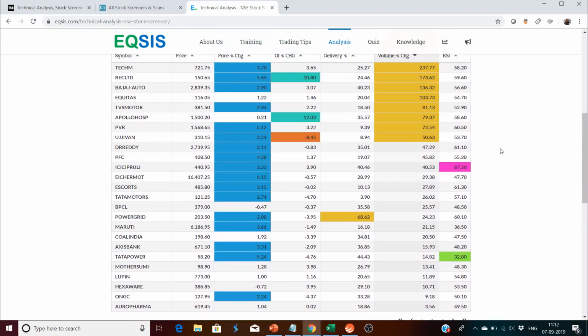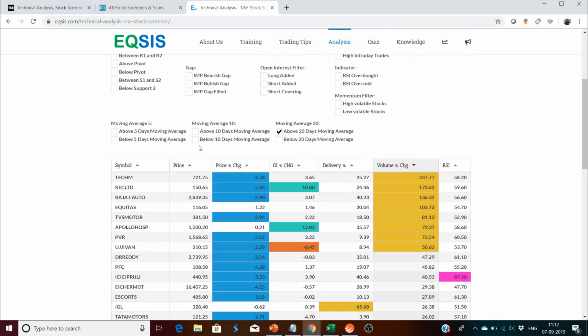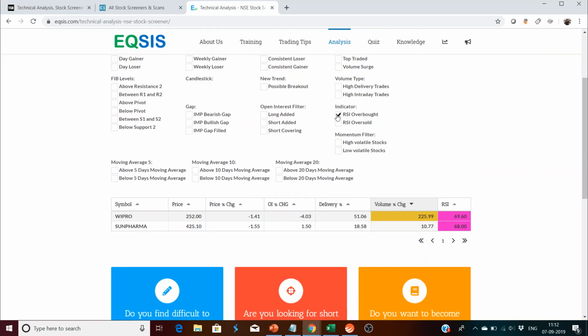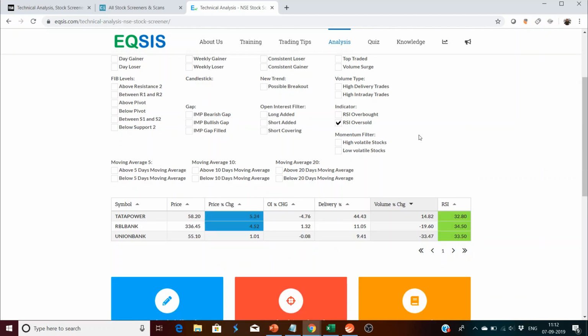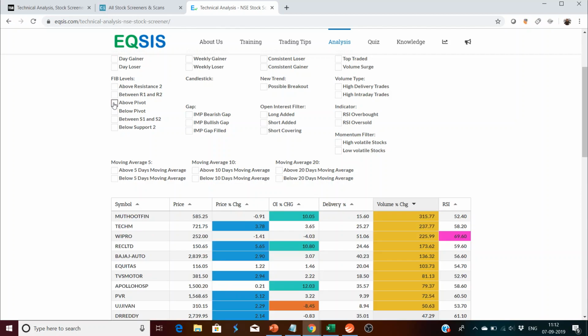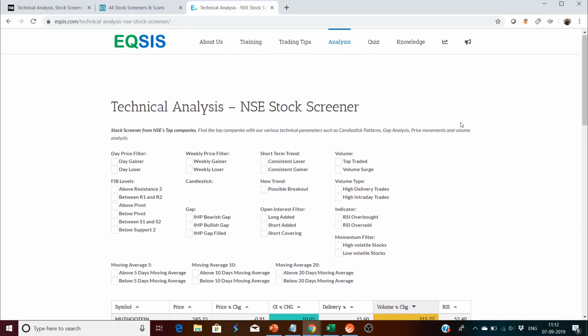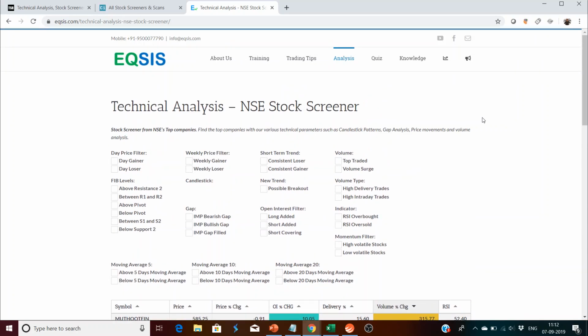This is also a good filter. Then RSI overbought, RSI oversold, above pivot, below pivot. Now, this is a very good site. You can check and play around with it. Whichever filter suits you, you can use. And mostly RSI overbought or oversold works very well.